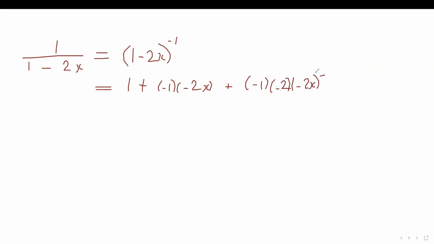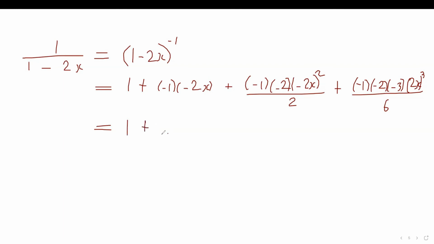I will divide that by 2, plus, we then have n, negative 1, times n minus 1, negative 2, times n minus 2, negative 3, multiplied by negative 2x being cubed, and divide that by 3 factorial, which is 6. So this is going to simplify now to be 1 minus, or minus times minus, plus 2x.